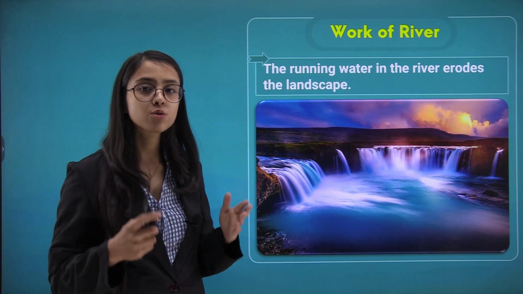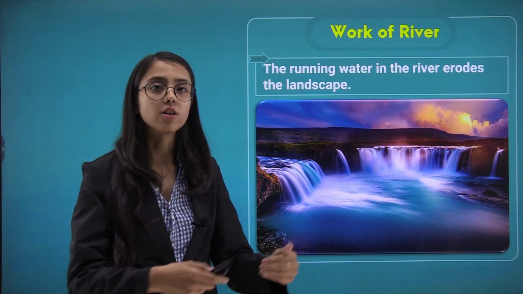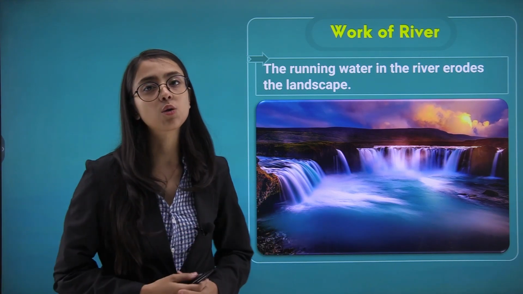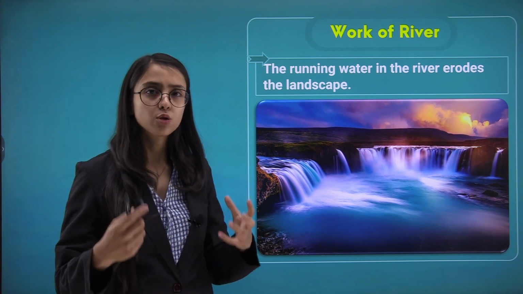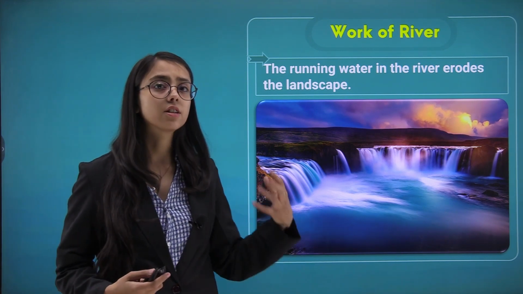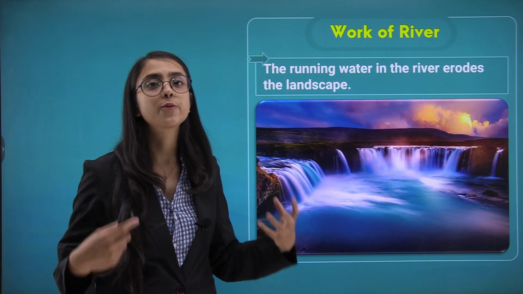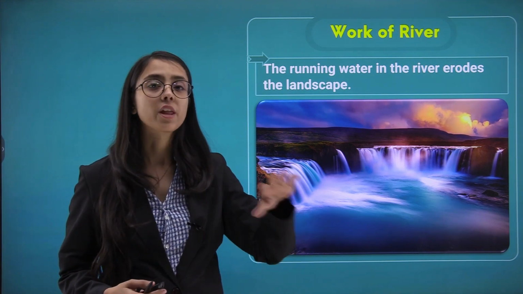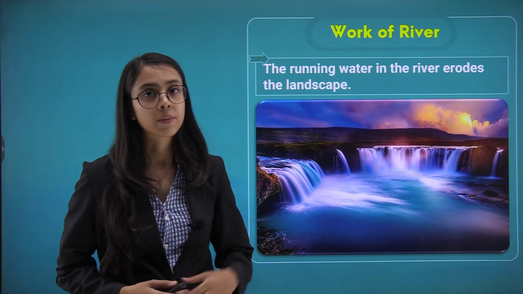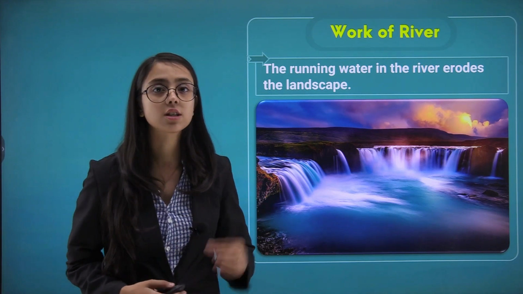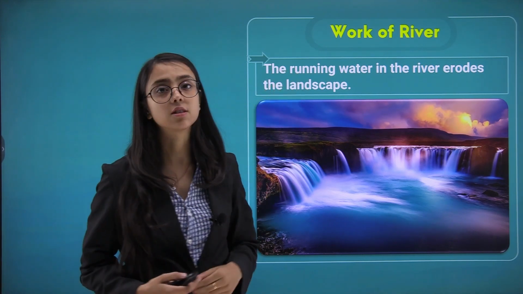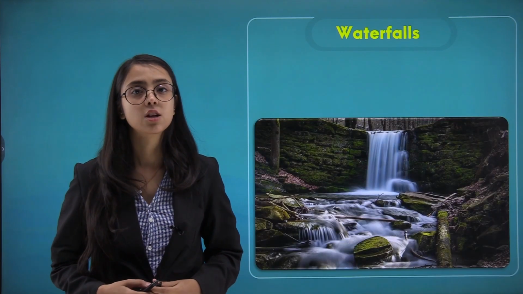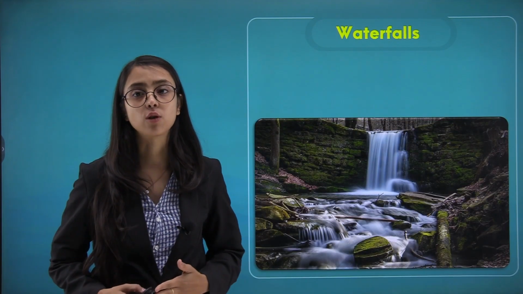For example, if you see a river flowing through a city, do you observe that beside the river bed, it is always wet, and the soil along with the river bed is also flowing with the running water? This is the process of erosion, and this is how erosion is caused by the work of river. Then we have waterfalls.